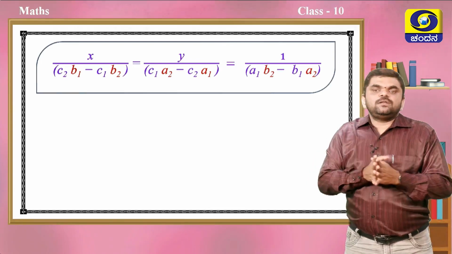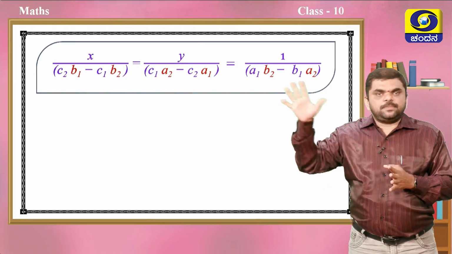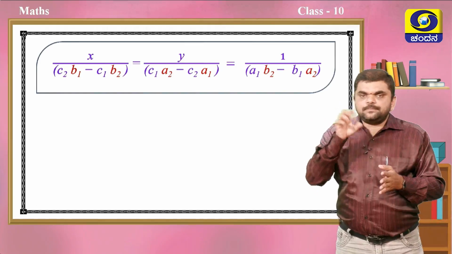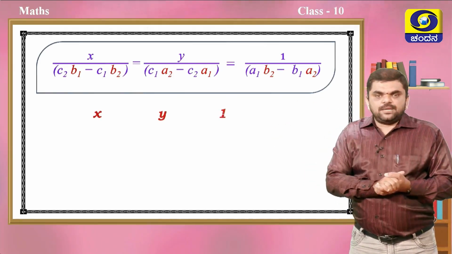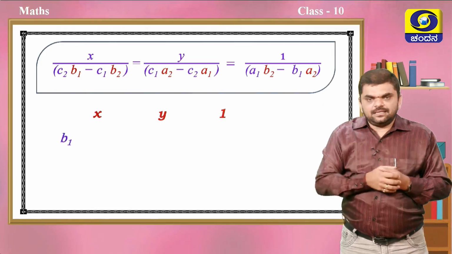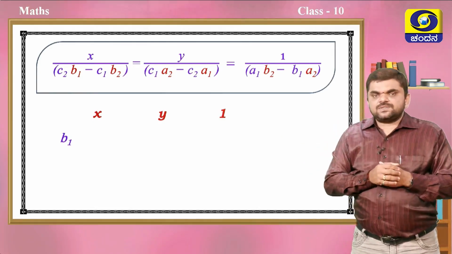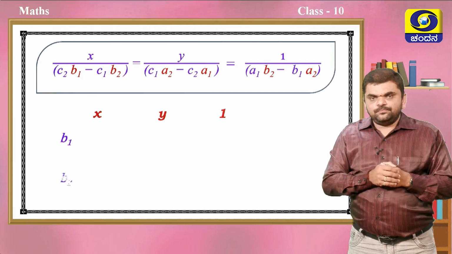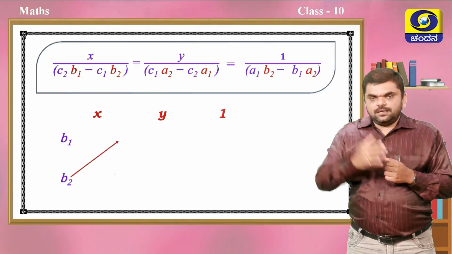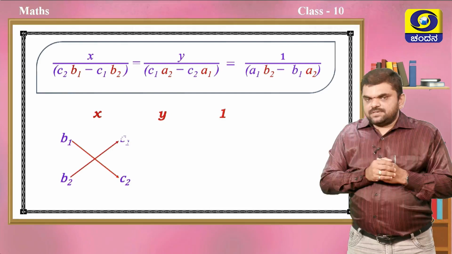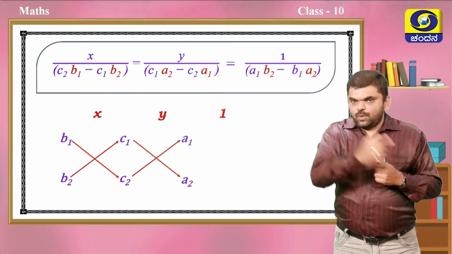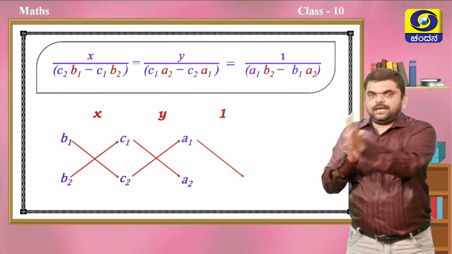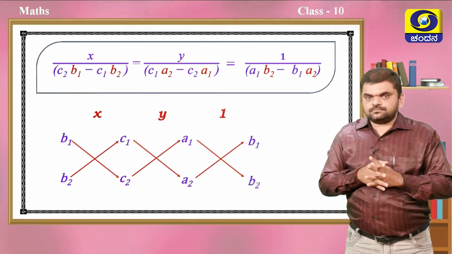This is the simple formula for cross multiplication method. Still, we are going to remember this simply. How? Just write like this: x, b1 b2, for y, c1 c2, for 1, a1 a2, and again repeat b1 b2.